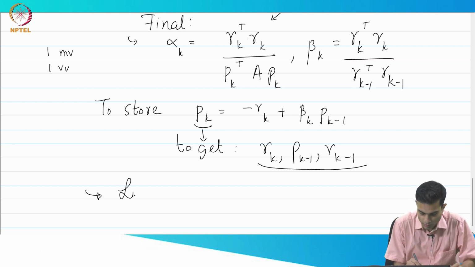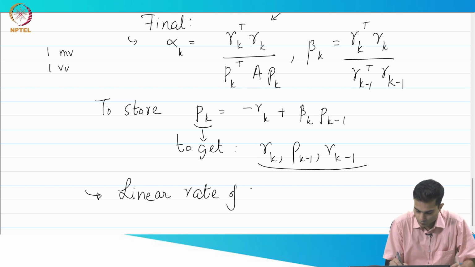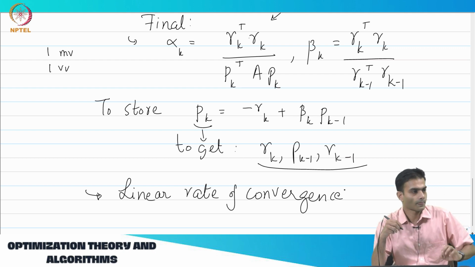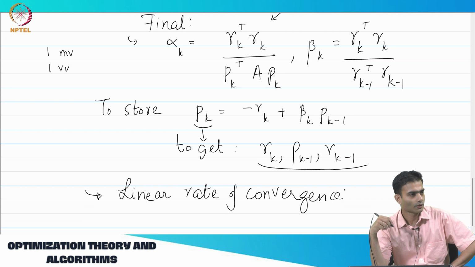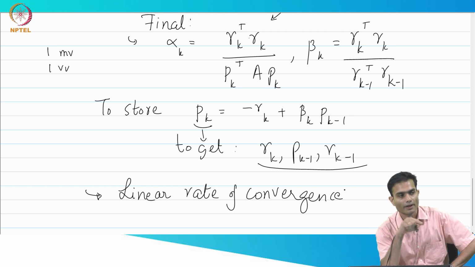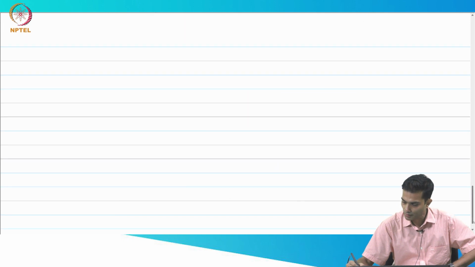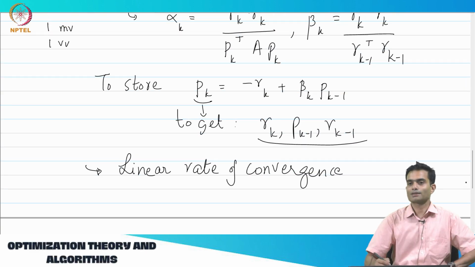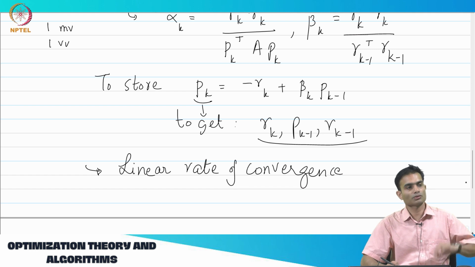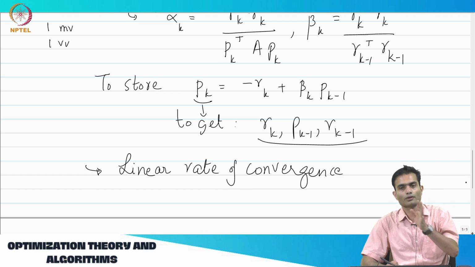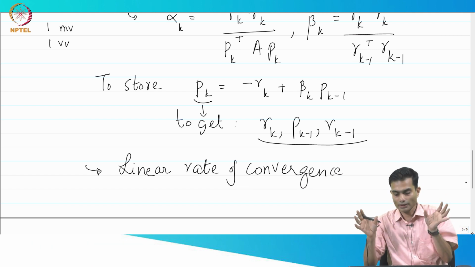Okay, so yes, at most n steps, right? No, this is telling you at what rate it is happening. Right? But remember that it's a little bit misleading to say that both the steepest descent and conjugate gradient method have linear rate of convergence.